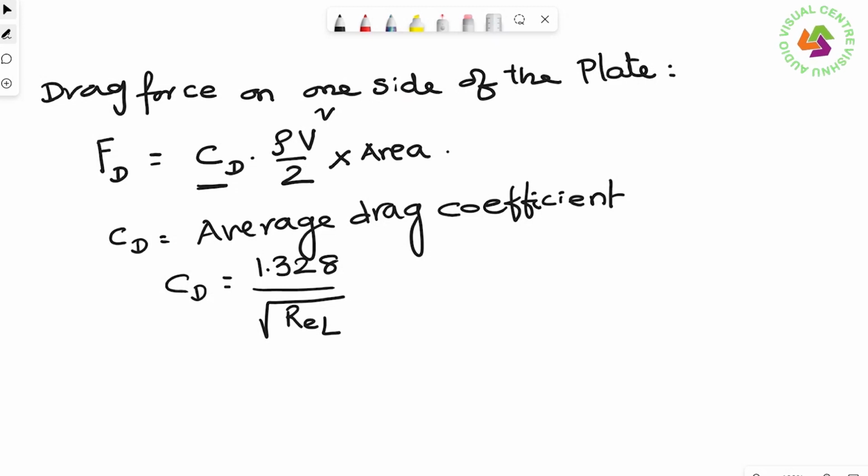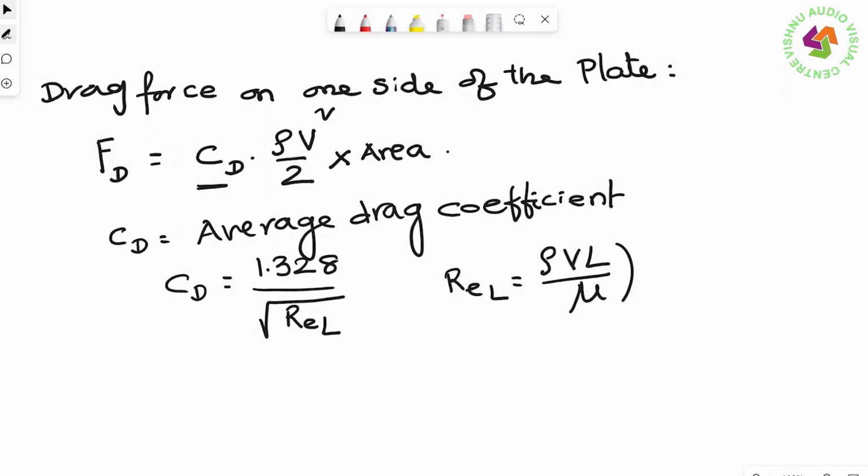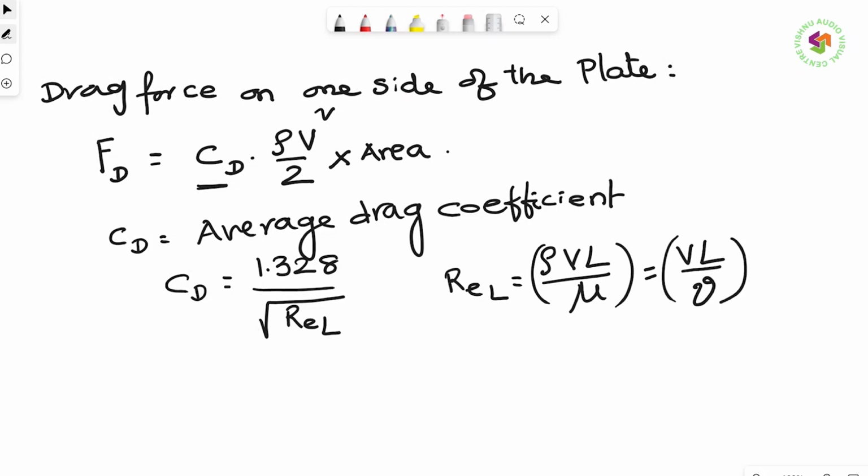So this you should remember: Re_L is equal to rho VL by mu, or VL by nu. There, rho Vx by mu, where x is the limited distance from the leading edge, whereas here L is the total distance from the leading edge.